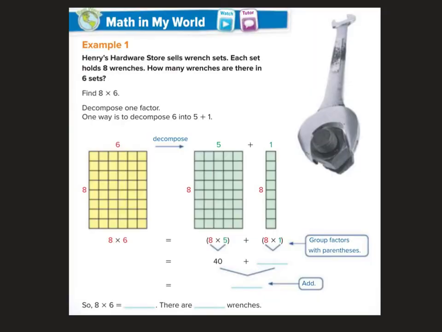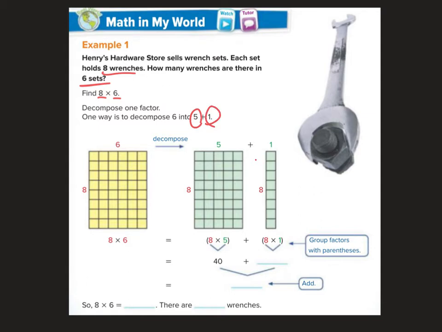For example 1 here, we have Henry's hardware store, and they're selling wrench sets. Each set holds 8 wrenches. How many wrenches are there in 6 sets? Okay, so here we are going to try to multiply 8 times 6. So if we decompose or break apart one factor, one way to decompose 6 is into 5 and 1.